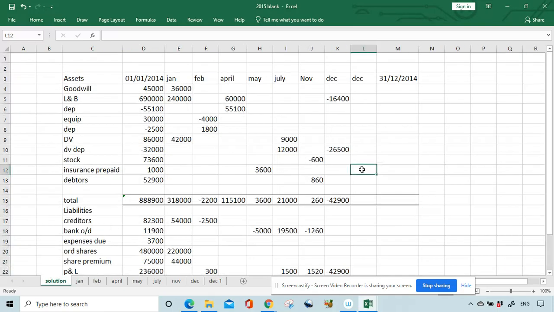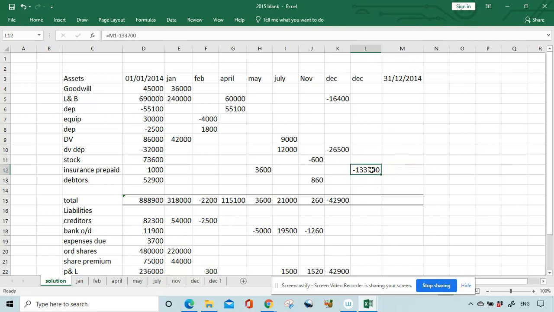So in December, 3,700. What that means is, if I just work along here, sorry, that should be minus 3,700, which is the amount for the year. Minus 3,700.